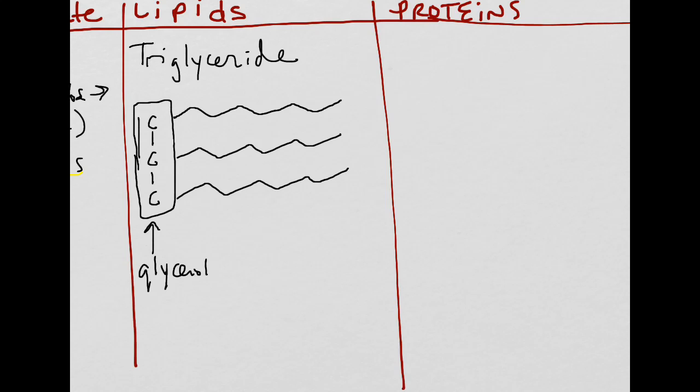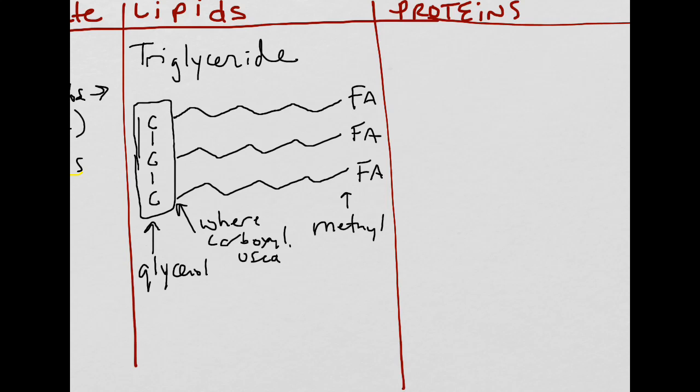And we don't need to add in the methyl at the end when you're drawing these. It's known. This would be the methyl end. This is where the carboxyl used to be. Excuse me. Now it has been dehydrated. It's gone through a dehydration process. Okay, so we can put where the carboxyl used to be to give you orientation.